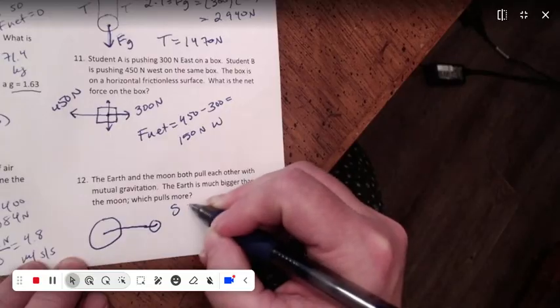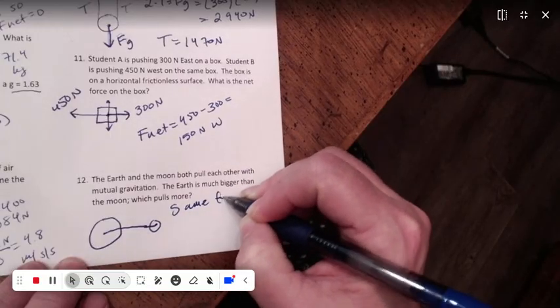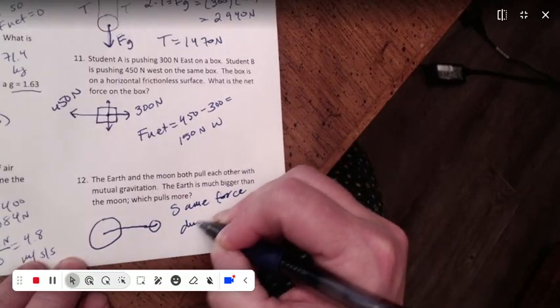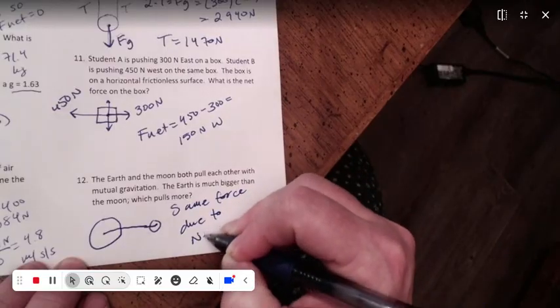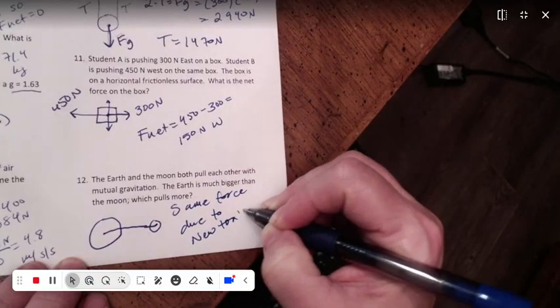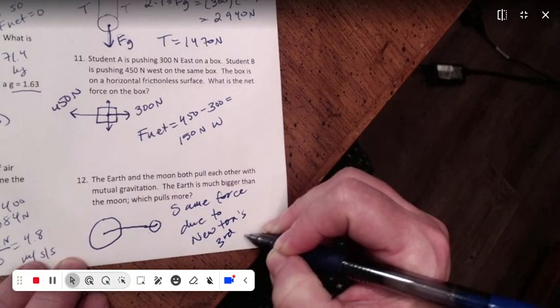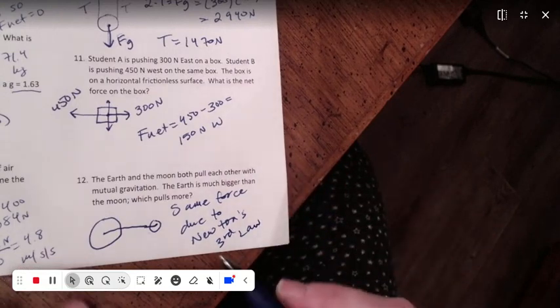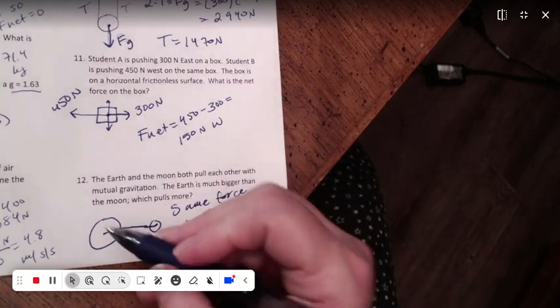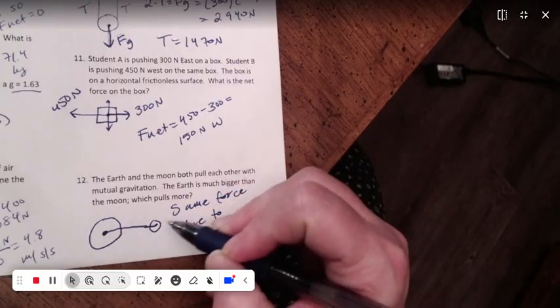So it's the same force due to Newton's third law. Now, the difference comes from their mass and their acceleration.